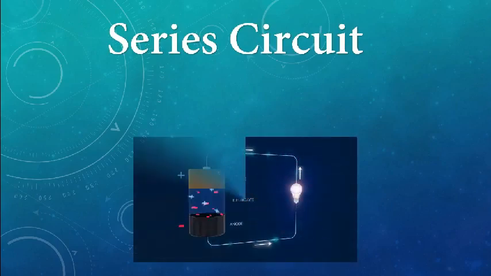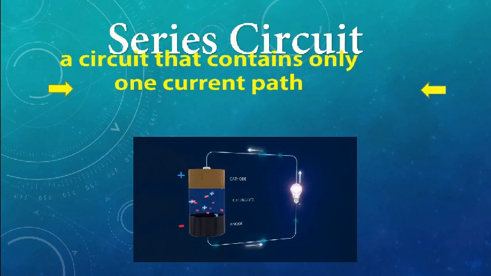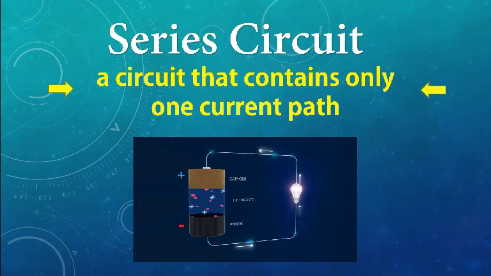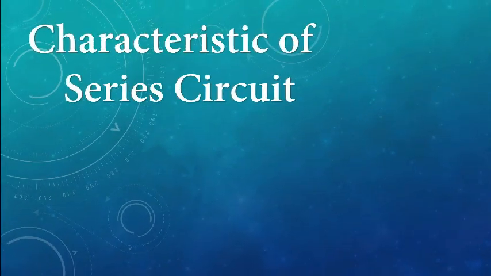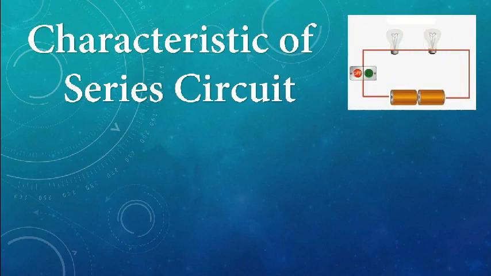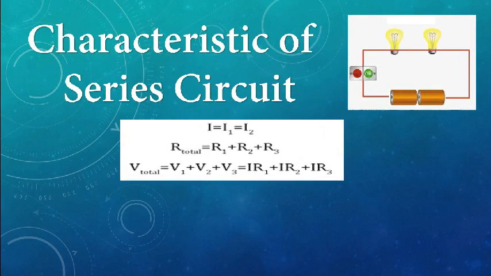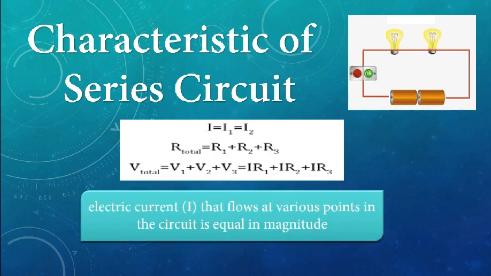Series circuit. Series circuit is a circuit that contains only one current path. The characteristics of series circuit: the first, the electric current that flows at various points in the circuit is equal in magnitude.